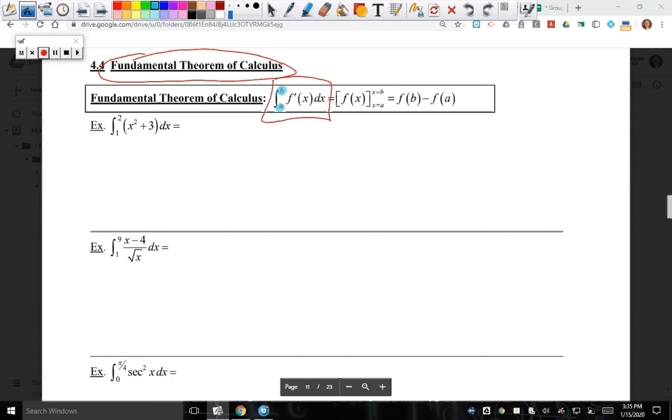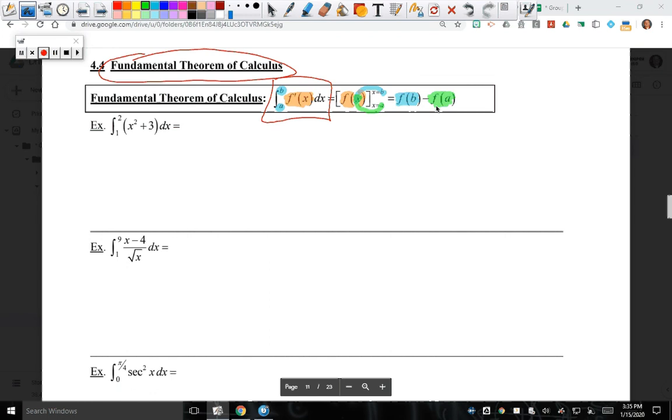Okay? Here we go. The first thing you should notice is if I take the integral of the function given, it will spit out for me f of x. And the way that I analyze it is I plug in the b to get f of b, and then I plug in the a and subtract f of a.